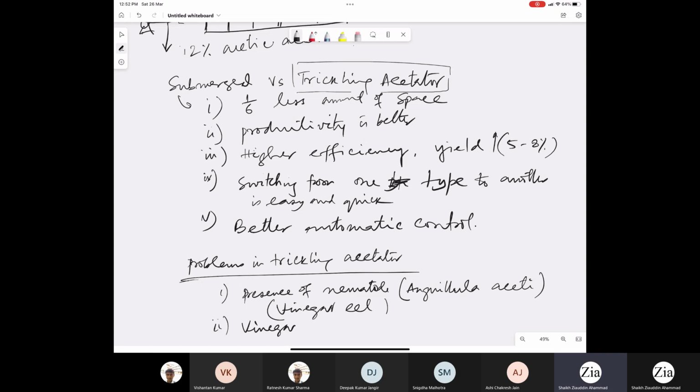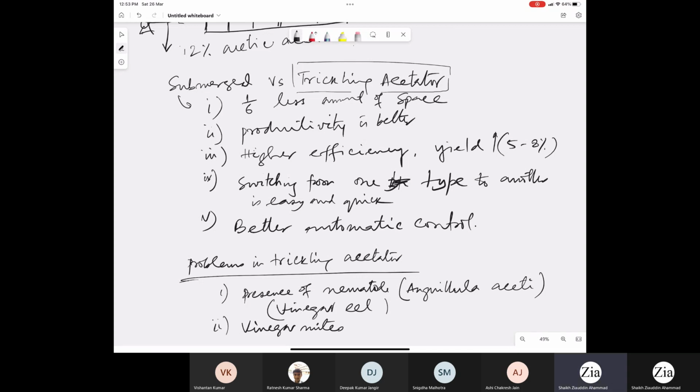So vinegar mites will also try to spoil the vinegar taste, and to eliminate them again you have to rely on the steaming operation only. So you have to sterilize by using really superheated steam. So frequent sterilization is required to get rid of them.